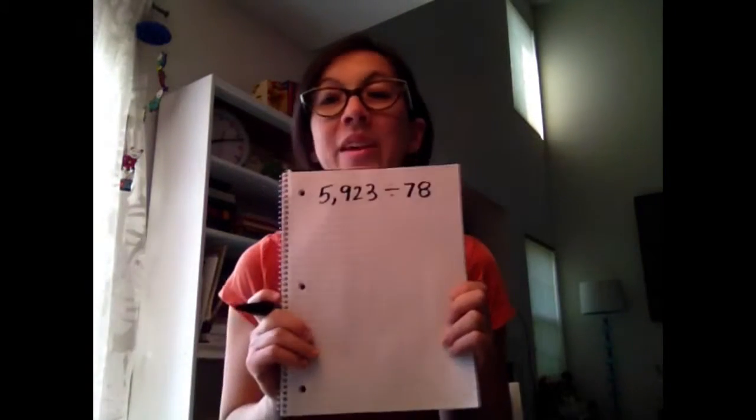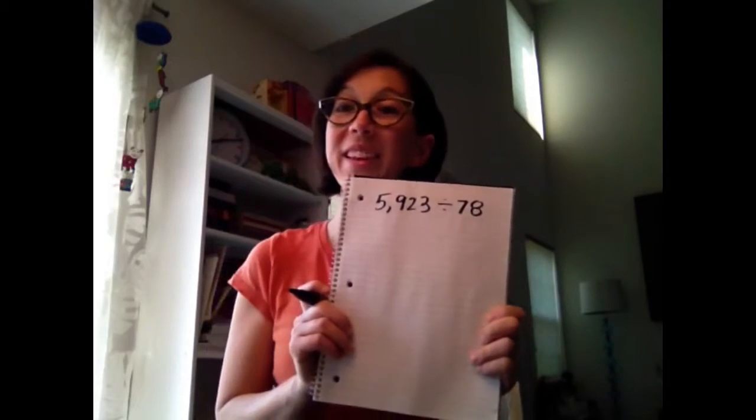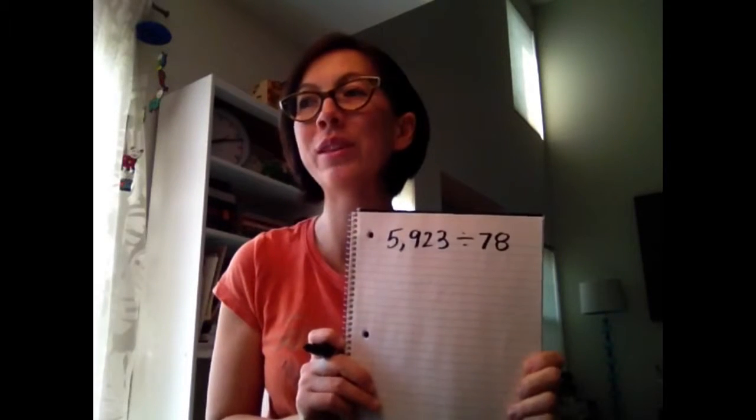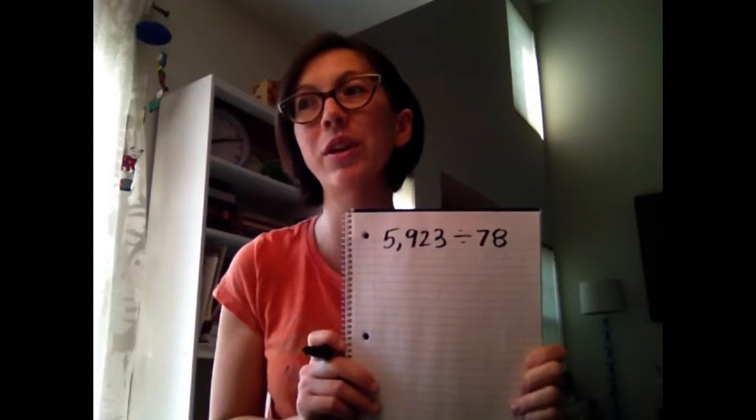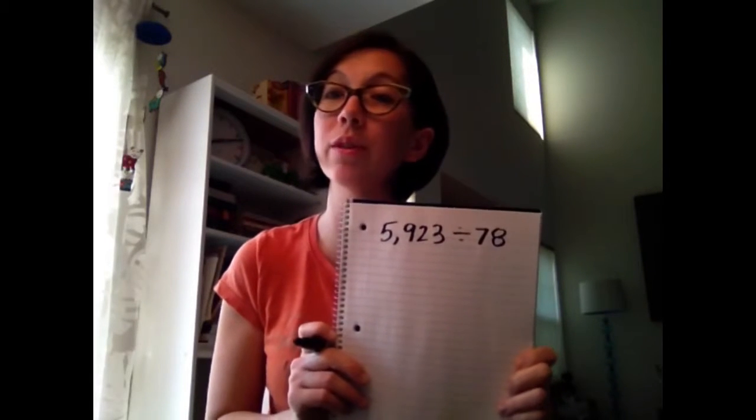Okay, so it says, how could you use place value patterns and properties of operations to estimate the quotient? We have 5,923 divided by 78. We know that one group of 78 is 78. We also know that 10 groups of 78 is 780, and 100 groups of 78 is 7,800.